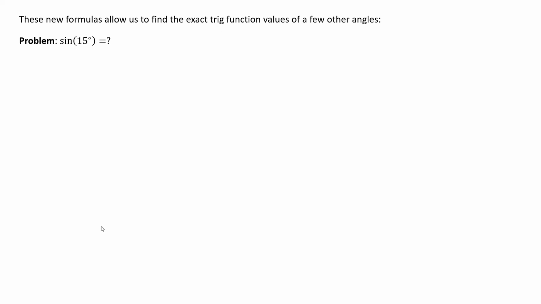For instance, can we figure out what sine of 15 degrees is? Maybe I'll put that in the form of a question. Can you pause the video and think, from the stuff that we learned right now, can we figure out how to find sine of 15 degrees?